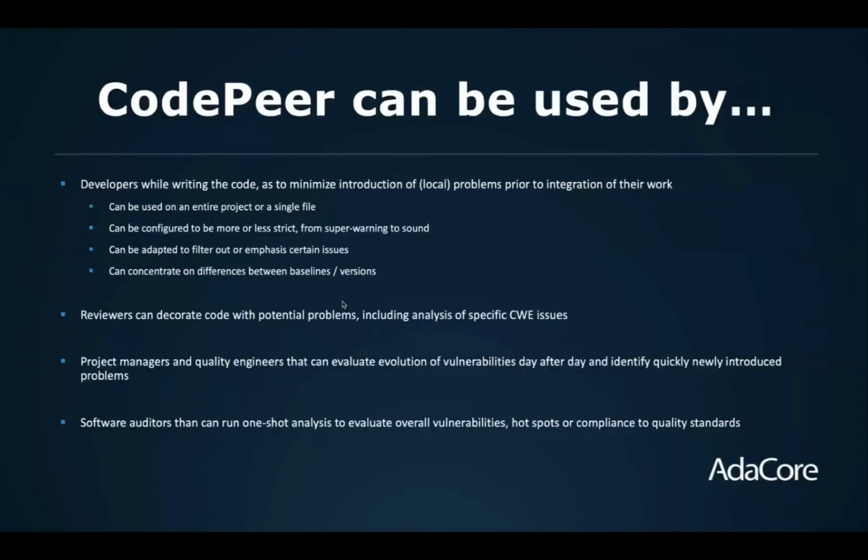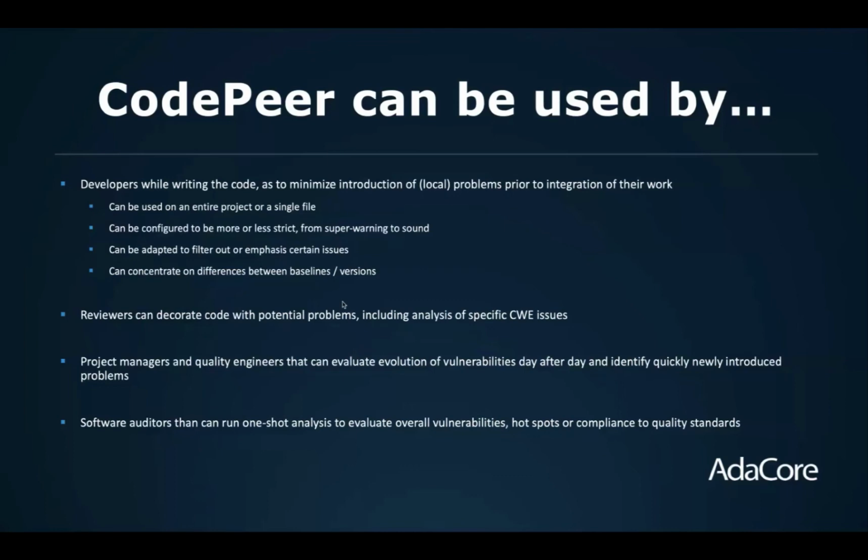So let's say you have a result and you want to say, okay, this is a false positive, or this can't happen based on our design, or this is definitely a bug. Using the CodePeer interface, you have the ability to annotate that finding so that when you run CodePeer in the future, you can see, okay, so this has already been taken care of, or this needs to be fixed. That annotation can be done through GPS, can be done through the web client. It can also be done through source code, and I'll show you those during the demo momentarily.